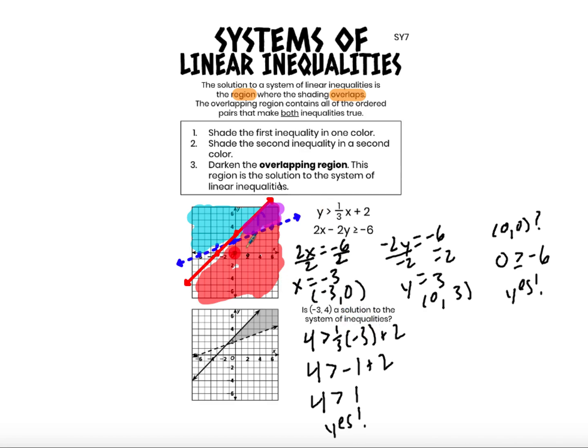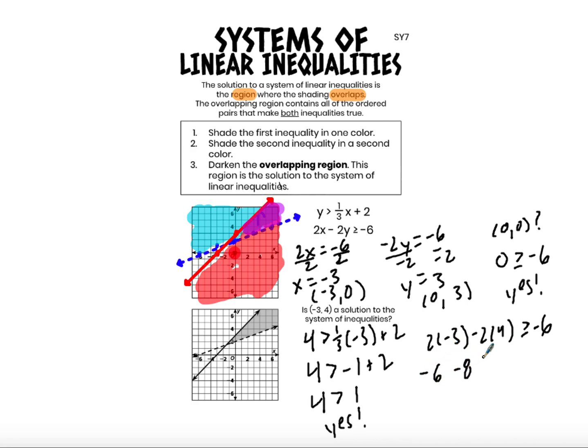I can see that because the point -3, 4 does lie in the blue region. It is part of the solution set to that first inequality. Is it a solution to the second? Let's plug in -3 for x and 4 for y. Is 2 times -3 minus 2 times 4 greater than or equal to -6?